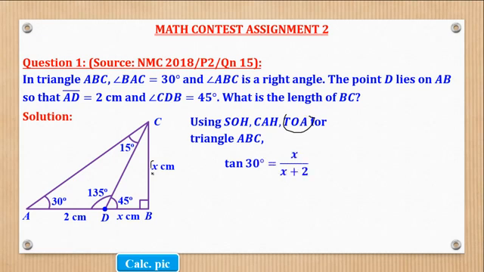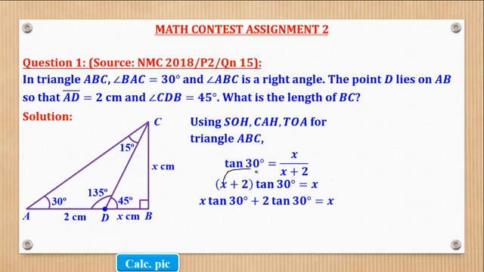So tan is equal to x over x plus 2. Then cross multiply, take this on this side. You remember to put it in brackets. Then open brackets, you come up with this. So this gives you this, and this by this gives you that.